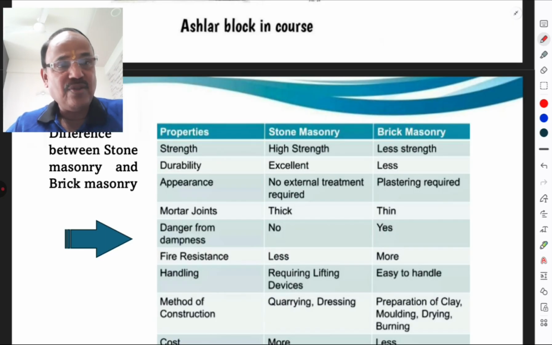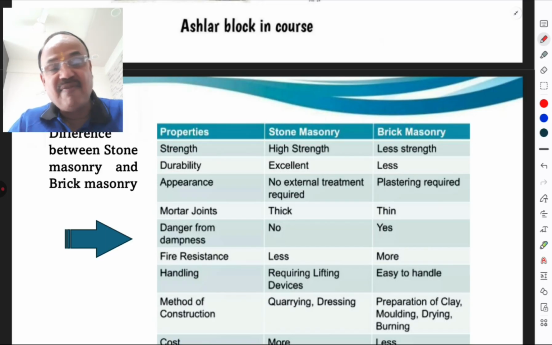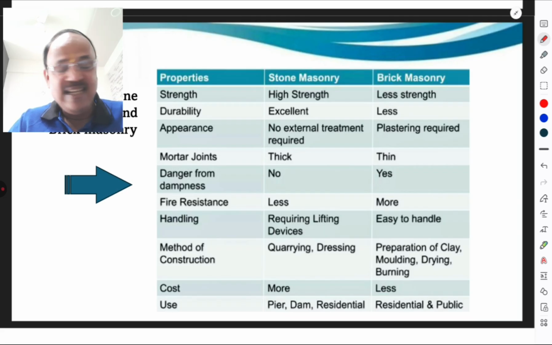Danger from the dampness: stone masonry, no dampness is there. For brick masonry, there are chances of dampness. Fire resistance for the stone masonry is less, but for brick masonry it is good because bricks are finely burned. Then handling: require lifting devices for the stone masonry, but for brick masonry, the handling is easy.